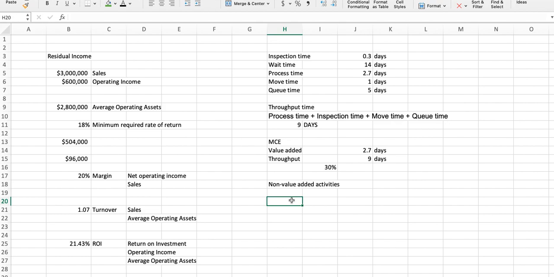We also can look at delivery cycle time. Delivery cycle time is our wait time plus our throughput time. So that would be our 14 days plus our throughput time, or 23 days.